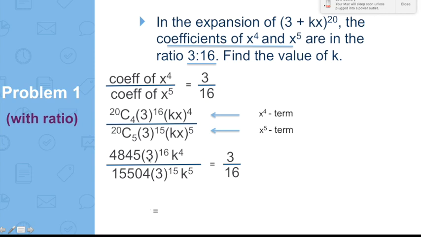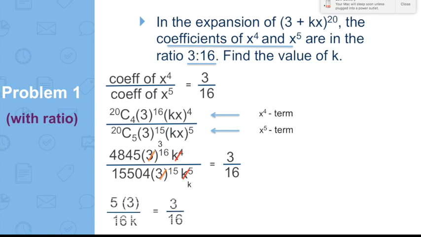So all we need to do is just to simplify this. Cancel out k^4 and k^5, and then what remains in the denominator is k. Now 3^16 and 3^15, we can also cancel out, and then what remains is 3 up there.